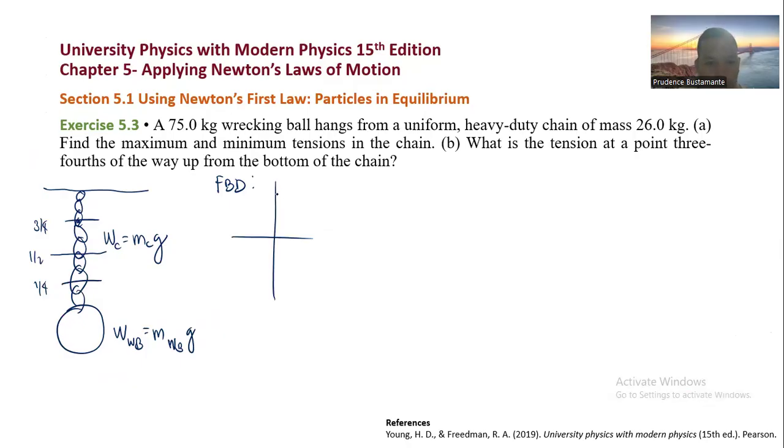So you have the tension. What we're going to use is just tension T. And here the total weight is equal to the weight of the wrecking ball plus 3/4 times the weight of the chain.